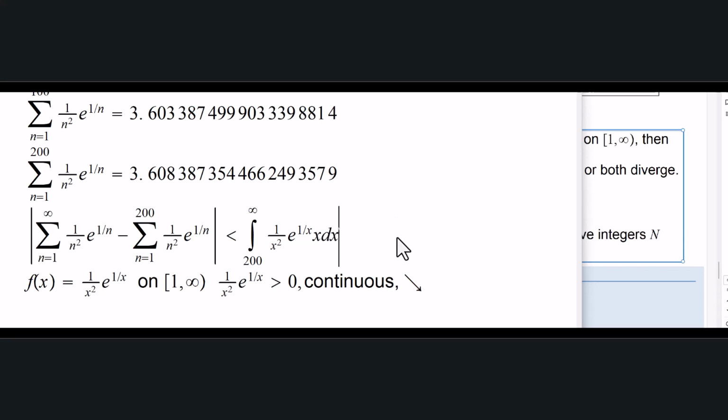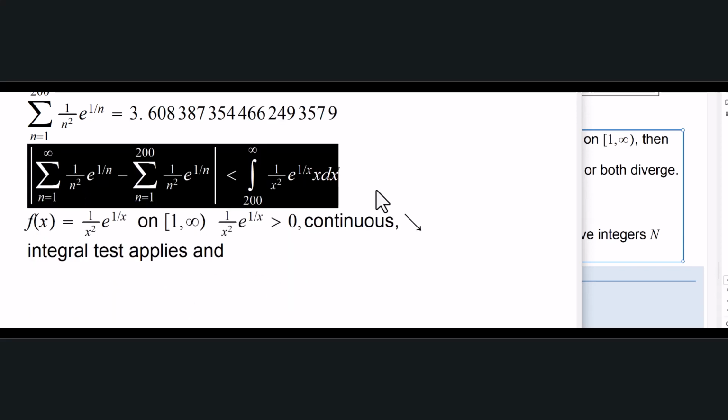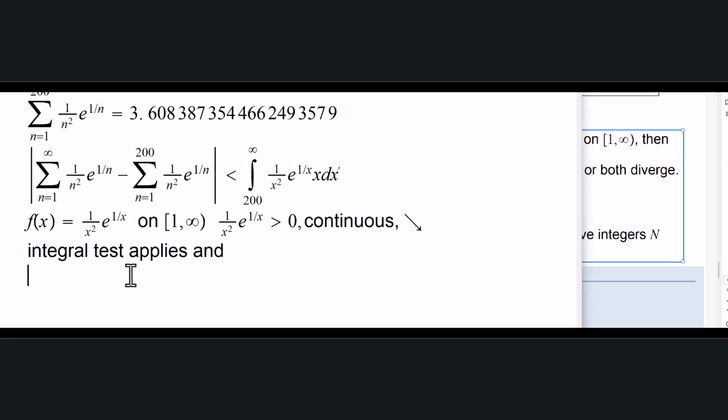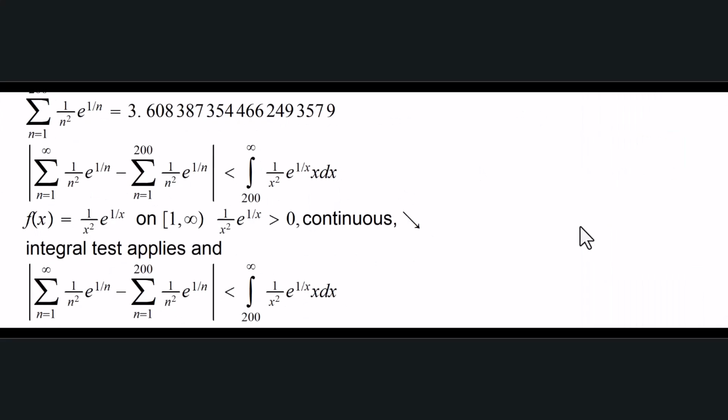Because the integral test applies, you simply have this as the conclusion. I'm simply rewriting this. I think we don't need that list anymore. Let's just calculate this quickly as a review of our integrals.